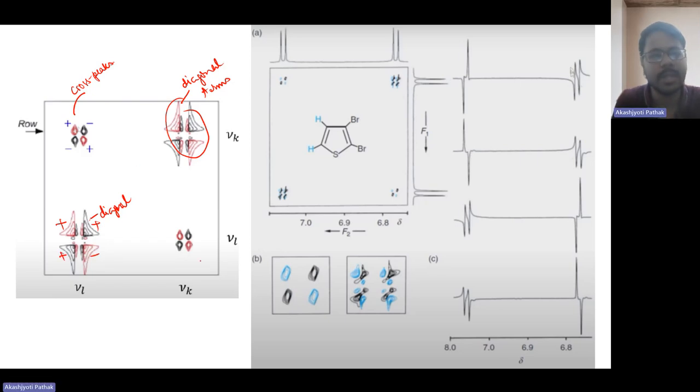So for a KL coupled spin system, if we take a 2D spectrum, we will see that the diagonal elements have dispersive in-phase line shape, and the cross peaks have absorptive line shapes.